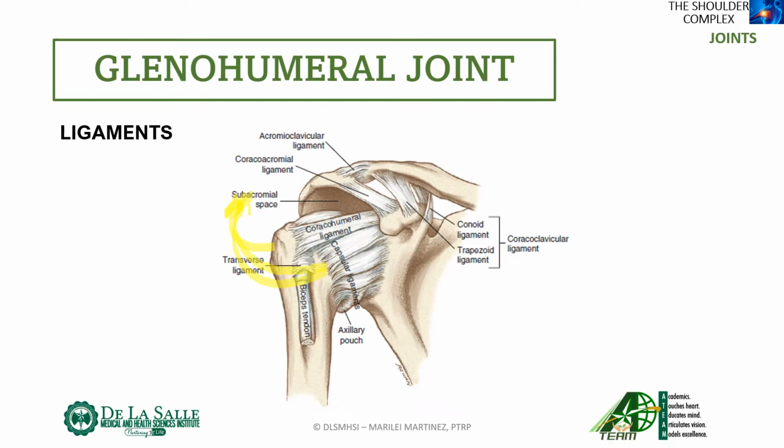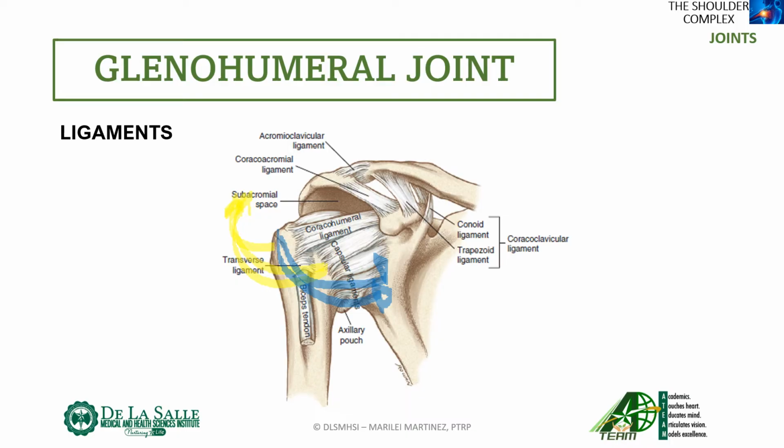Now on the other hand, if it's 90 degrees abduction with internal rotation, so internal rotation will be like this, of course, it is the ligament that's located posteriorly that will be taut.